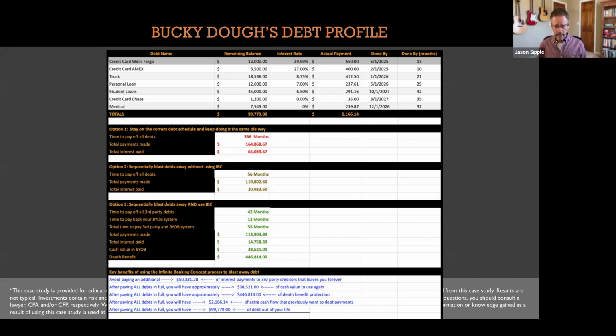You're done paying the policy loan back, which is your banking system. You have $38,521 of cash value to use again, to build wealth, to use for major purchases, to buy your next car, to do home improvements, whatever it might be. And you have $446,000 of death benefit at that time as protection, income protection for your family.